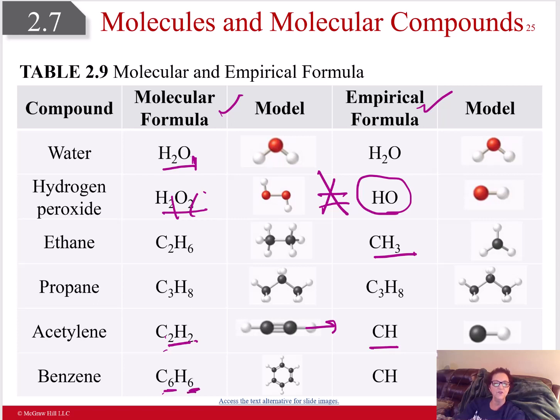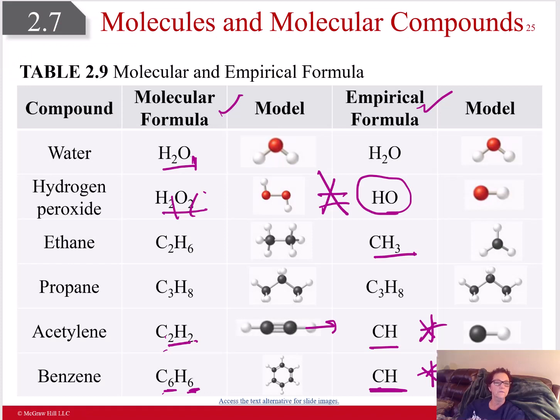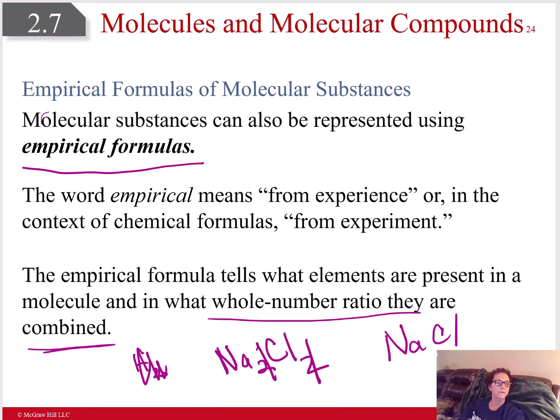Both of those you can divide by 6, and so the empirical formula for acetylene and benzene is the same, CH, because they're in the same ratio, the same proportion to each other. So that's just for the empirical formula, okay?